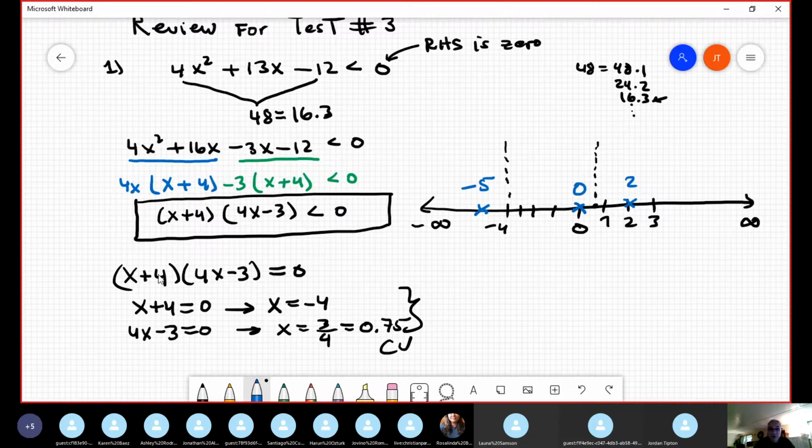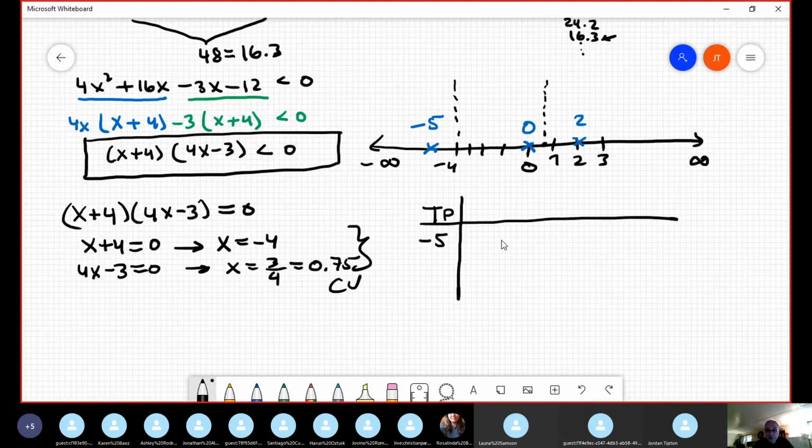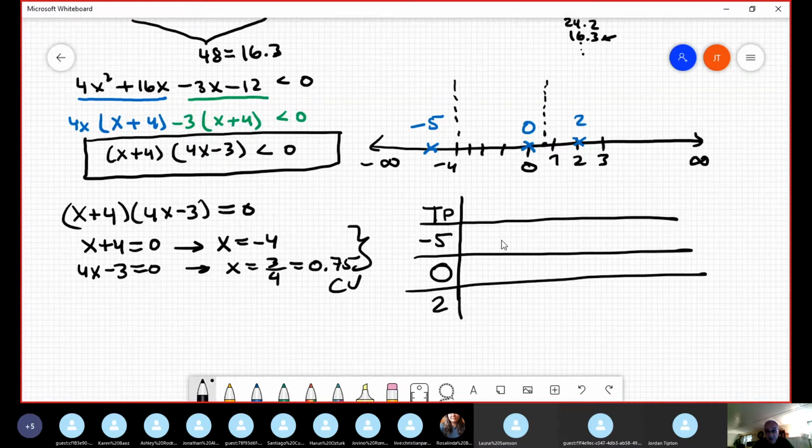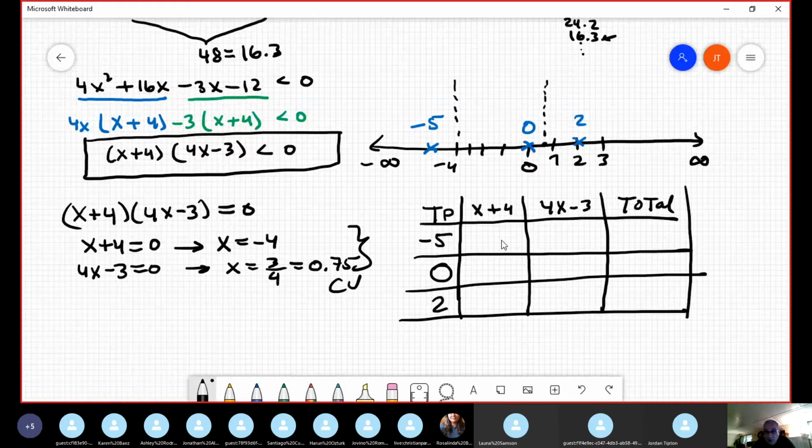And now, finally, you create the chart or the table, whatever you want to call it, in which you have one column that is TP, testing point. In our example, -5, 0, and 2. I could select another value, 1 or 3, it's the same, because this is one representative of this interval. I know they have the same behavior. And you put the factors involved in the problem, which are x plus 4 and 4x minus 3, and one extra column, the total, in which you summarize the overall sign.